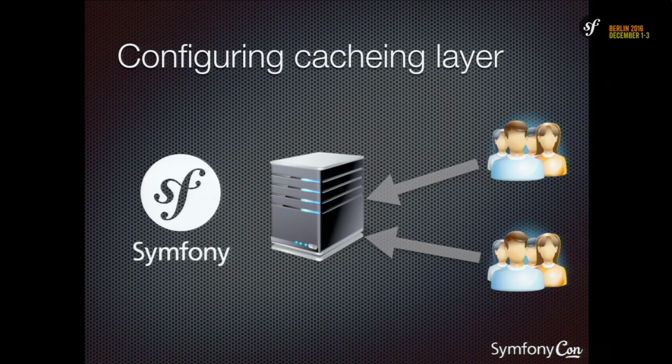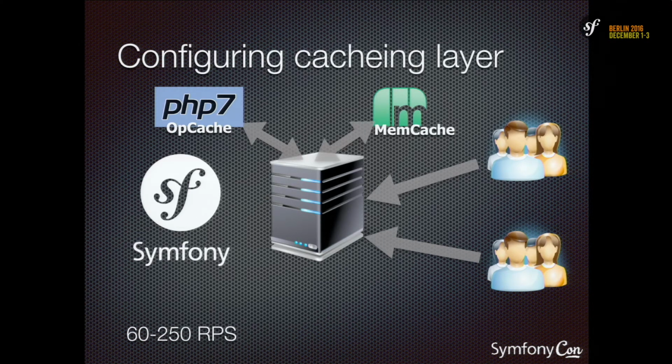The first change we can make is to introduce a caching layer. A caching layer allows us to handle more requests by storing some important information about users, our files, our classes, for example in opcode cache, or maybe we can store entities in our database. And we can handle much more requests per second, for example 200 requests per second. It's okay, and a typical Symfony application can handle such a load.